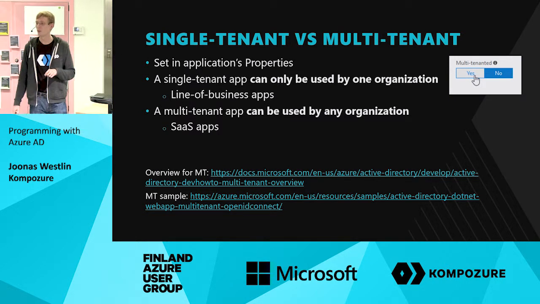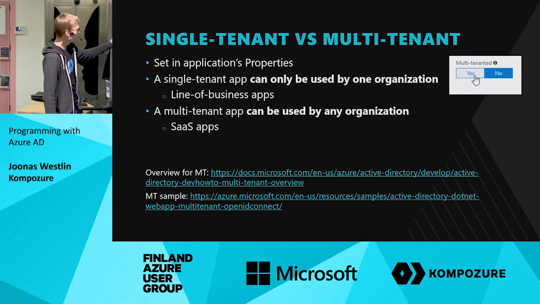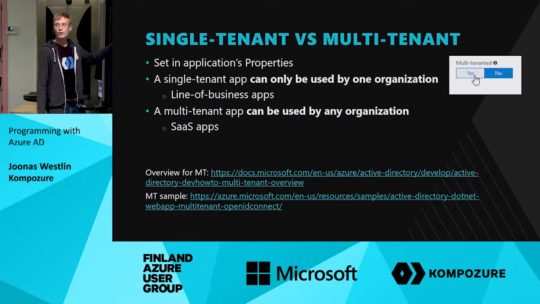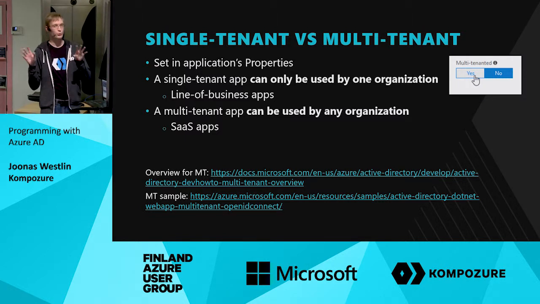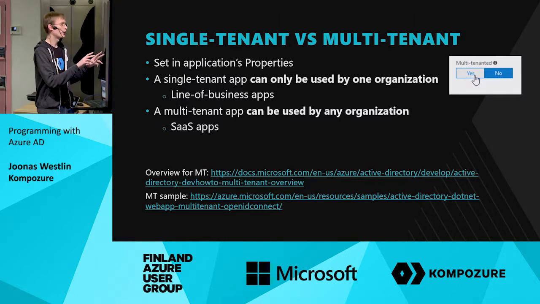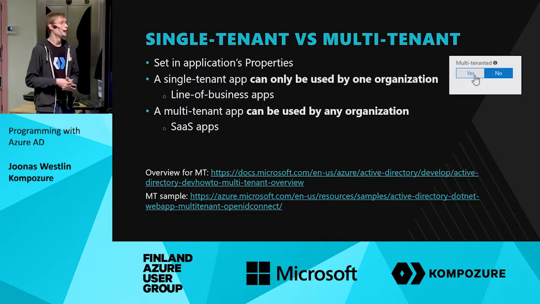Another really, really important thing for apps is reply URLs. So that's the set of URLs where Azure AD is allowed to send the user back after they log in. So your app sends the user to log in at Azure AD, and it says, hey, once the user's logged in, send them here.